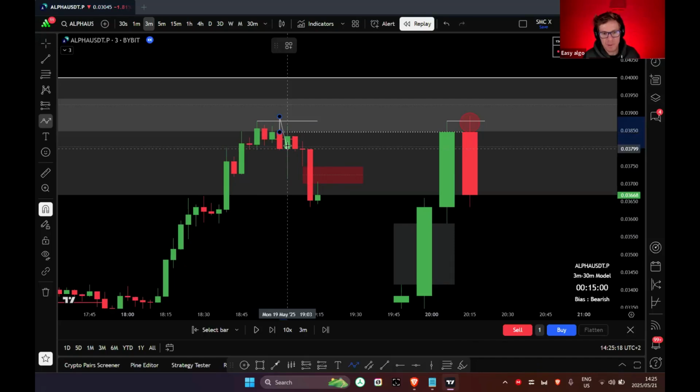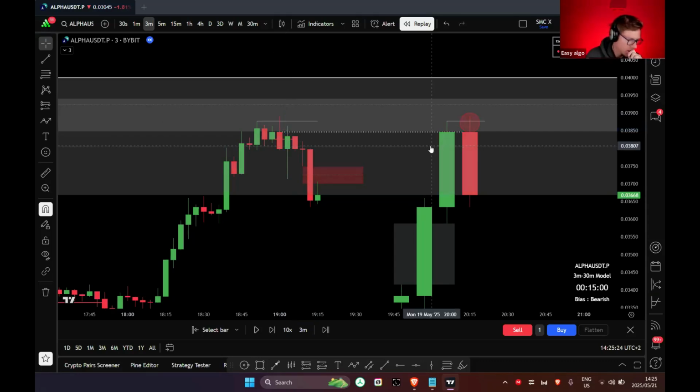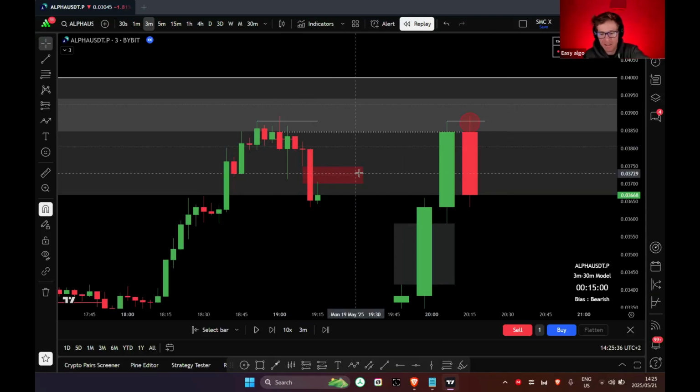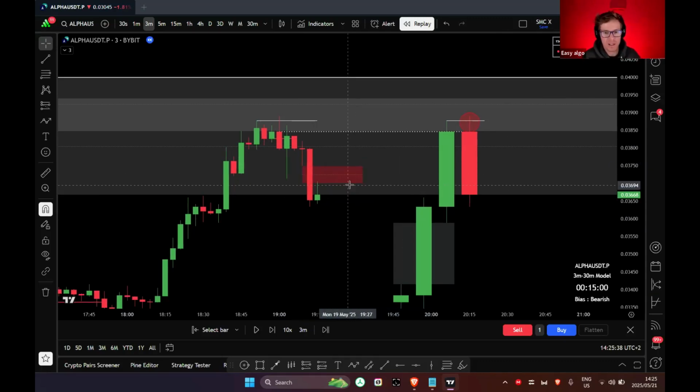And at the same time, it broke below the CISD level. So this is exactly how you can use opening lines with CISD combinations and your ability to determine whether it's an expansion candle. And then you just tie all of these confluences together, and you have a high probability of success.